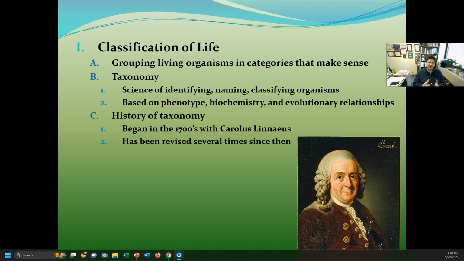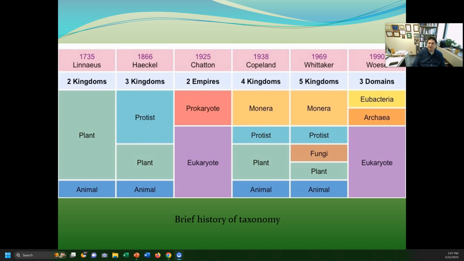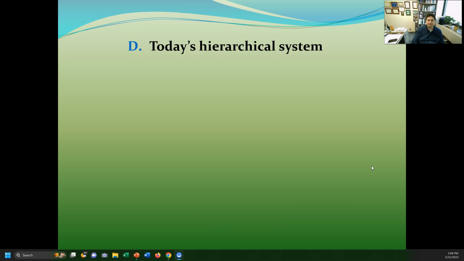Now, his categories have been revised several times since then, but the basic framework that Linnaeus came up with is still used today. So you can see Linnaeus just talked about plants and animals. And as time went on, we broke this down further. Today, we basically use this 3-domain system: bacteria, archaea, and eukarya. And I'll be going over that here in just a minute.